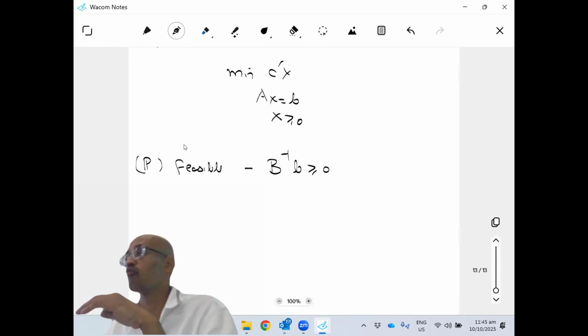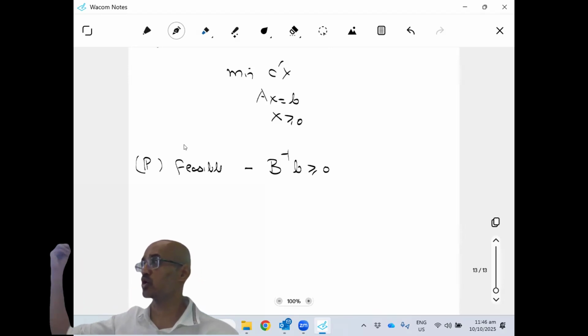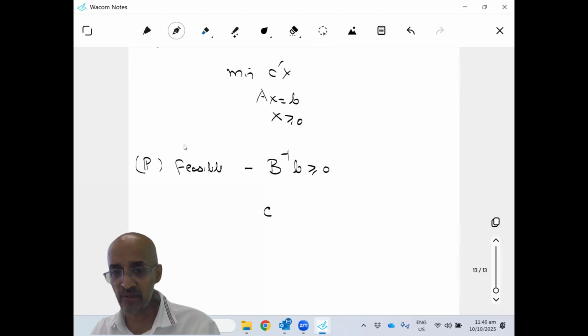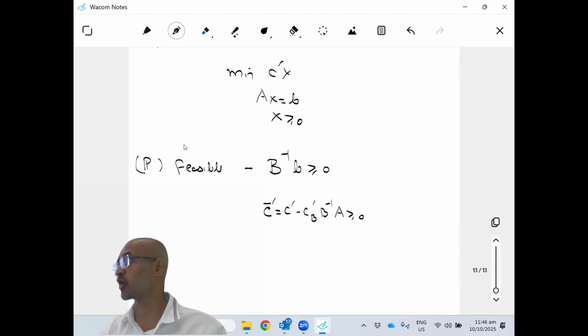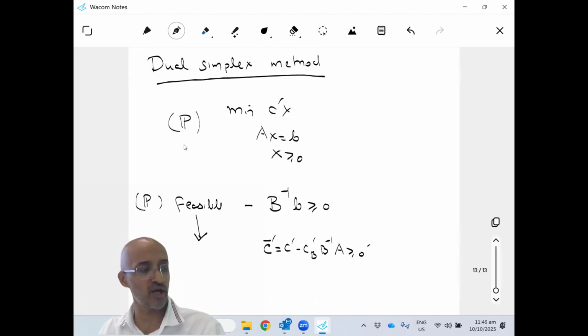In primal simplex, every time we are trying to move the reduced cost, make it non-negative, so that ultimately I get this reduced cost vector to be non-negative. So for this primal LP, we are going from primal feasibility towards optimality.